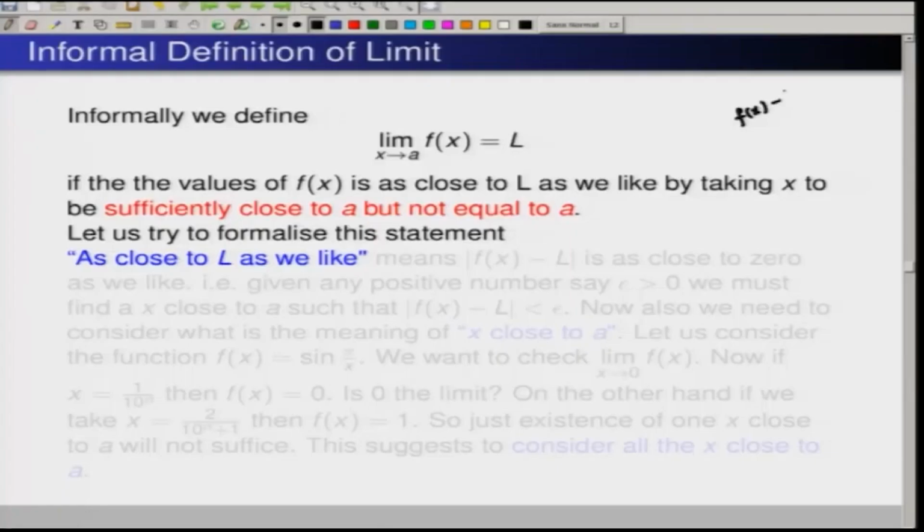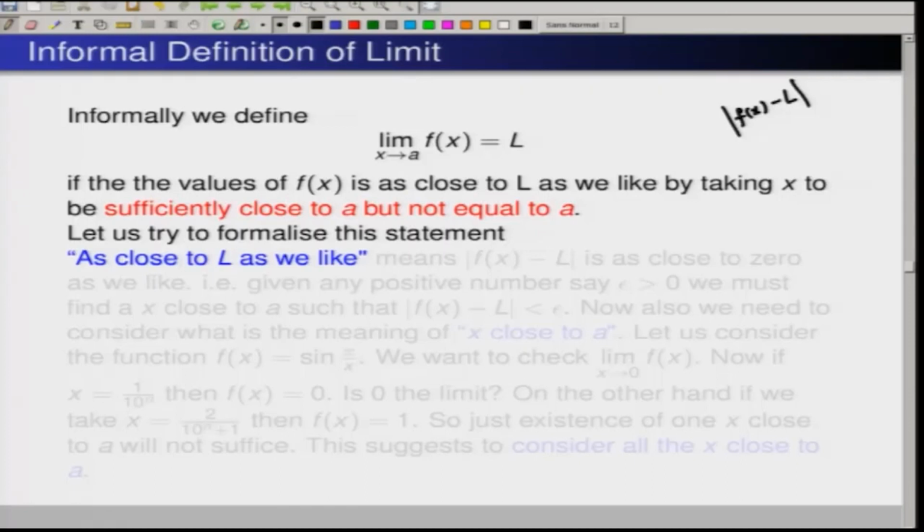So, what does this statement mean? First let us try to understand "as close to L as we like". What is the meaning of "as we like"? That means the difference between f of x and L has to be very small, whatever small we want to make it. If I take the mod of this, then this is going to be a non-negative number.